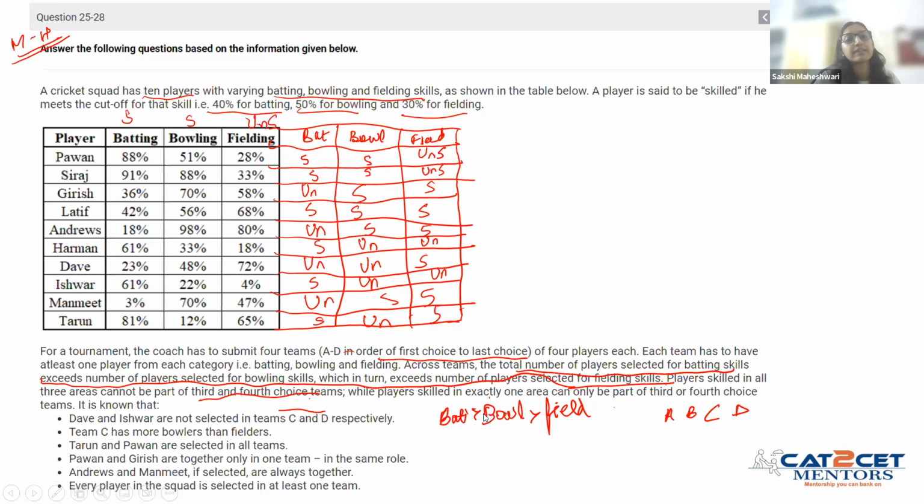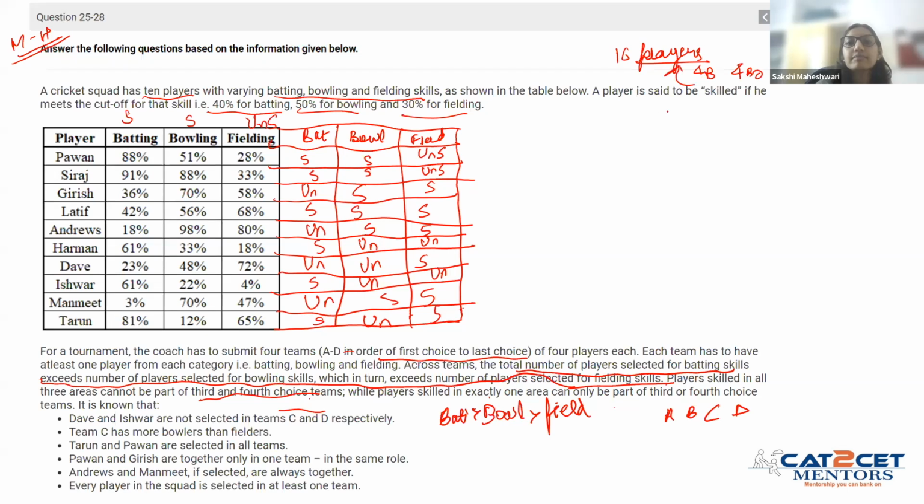See, there are four players in each of the four teams. That means there are in total 16 players. And in each team, we need to have at least one batting, bowling, and fielding. That means there have to be four players in batting, four in bowling, and four in fielding.